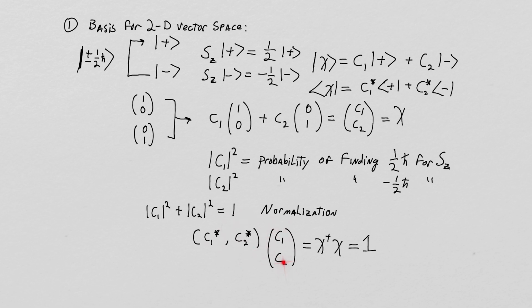We take the adjoint of our state, and this adjoint of the state multiplied by the state using the arithmetic of vector multiplication, the linear algebra stuff that you learned usually in your freshman year in university.